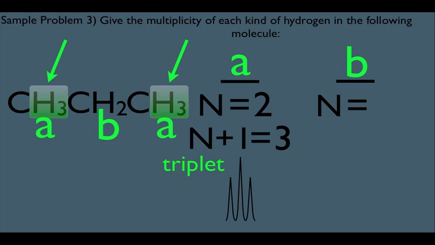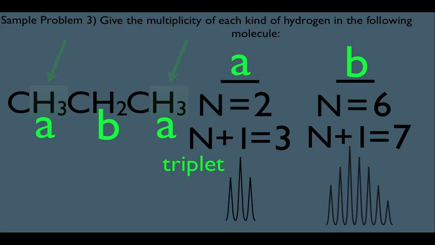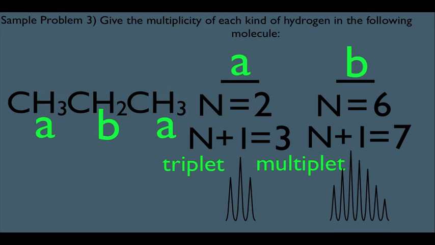That means the B's N value is 6. So notice in this example, it's possible to have more than one neighbor. And in this particular case, we simply add up the total, which means plugging N into the N plus 1 rule here, 6 plus 1 is 7. And typically when you have that many split peaks, it's usually termed a multiplet, which just simply means a lot of splits. So now we know what to do in cases like this.